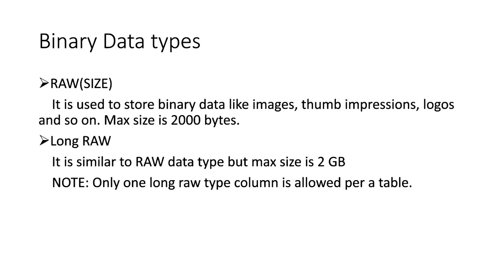Only one LONG RAW type column is allowed per table. So in a table you can give the LONG RAW data type for only one column. So these are the different types of data types we use in the SQL language.